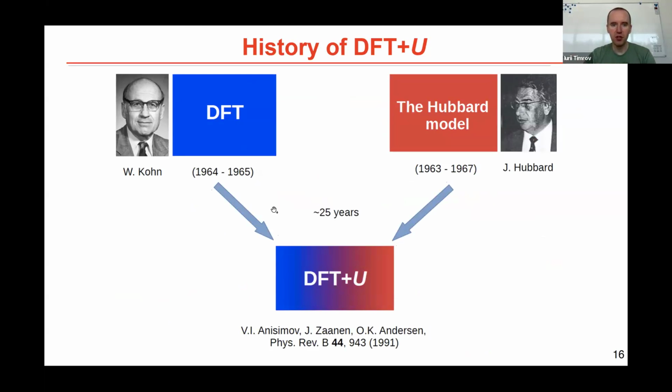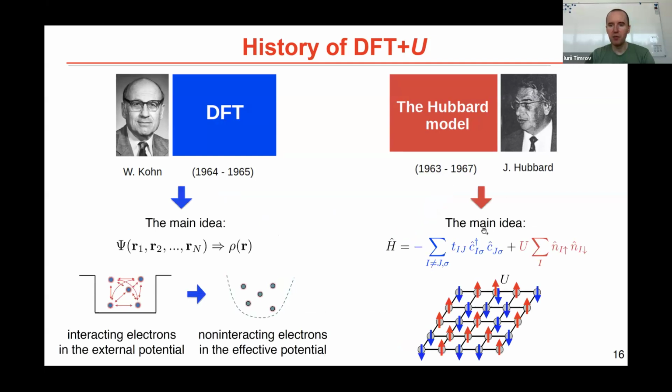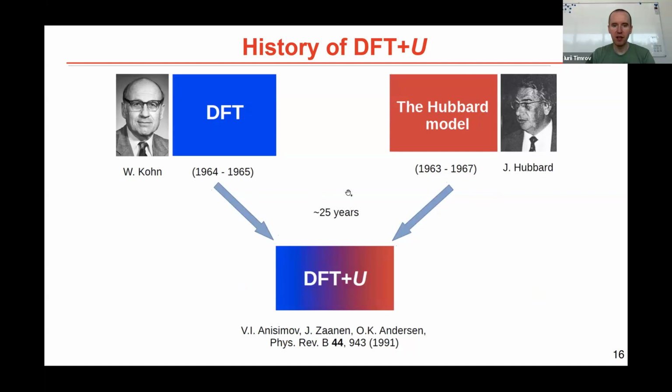So they tried to merge DFT with the Hubbard model, and this is what is known as DFT plus U. Basically they took the idea of the Hubbard model and incorporated it inside DFT, and they called it DFT plus U. So that's how historically things evolved.